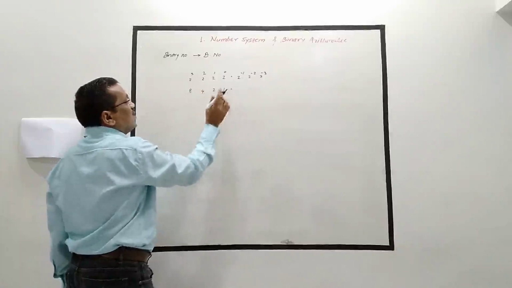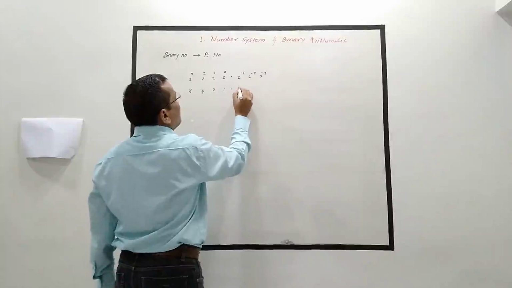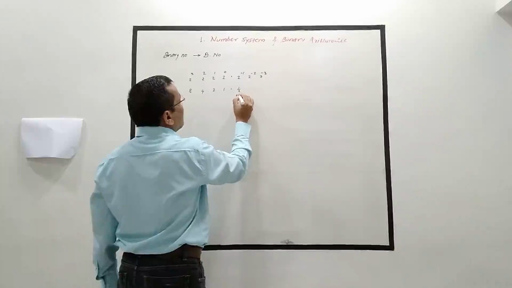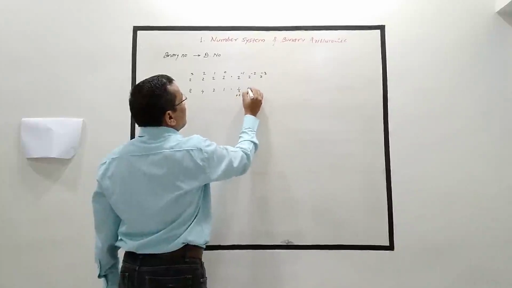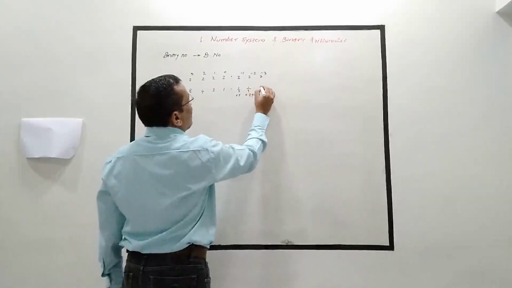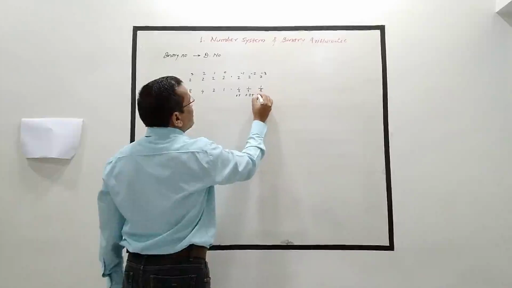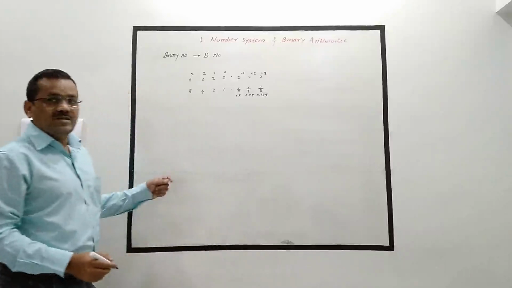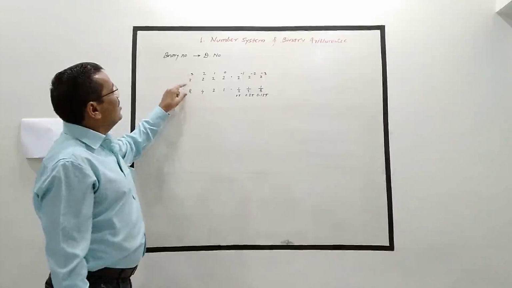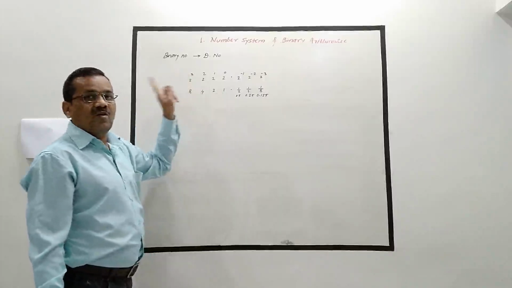Here 1 by 2, that is 0.5; 1 by 4, that is 0.25, and 1 by 8, which is equal to 0.125. These are the decimal weights of binary equivalent.